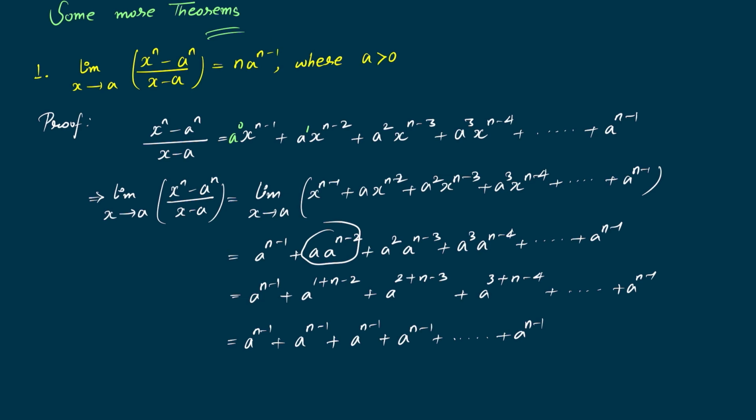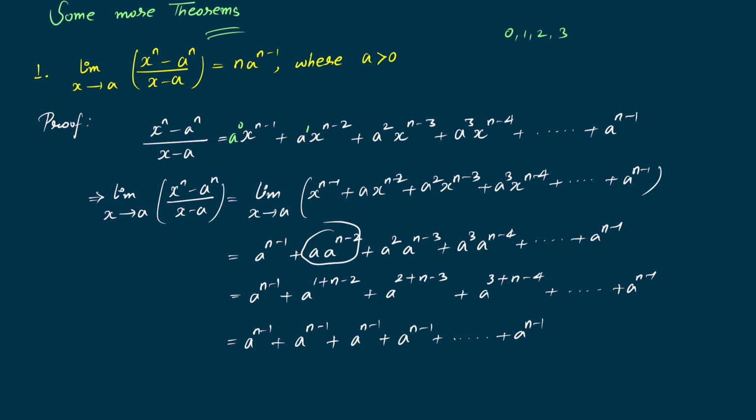Okay, let me show an example. If you write 0, 1, 2, 3, how many numbers are there? There are 4 numbers, because you are starting from 0, so you have to add one more to the last term, so 3 plus 1 is 4. Similarly here there are n number of terms.